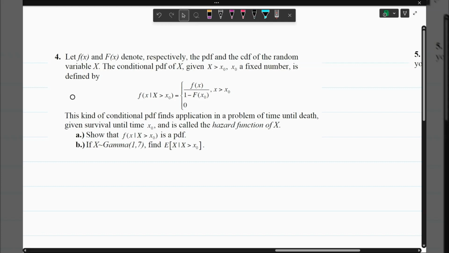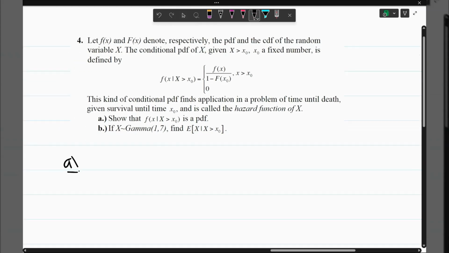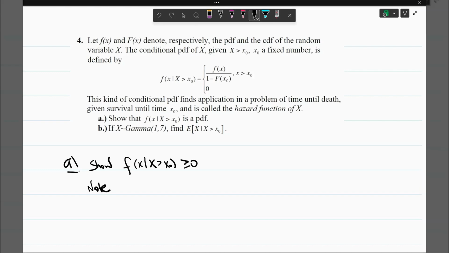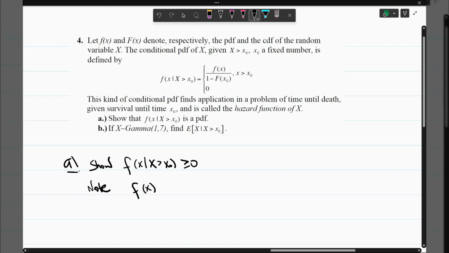Part A, show that it's a PDF. Okay, so for part A, we need to show two things. We need to show that it is non-negative and, of course, all important, that it integrates to 1. Note that every PDF is bigger than or equal to 0 because it's a PDF.